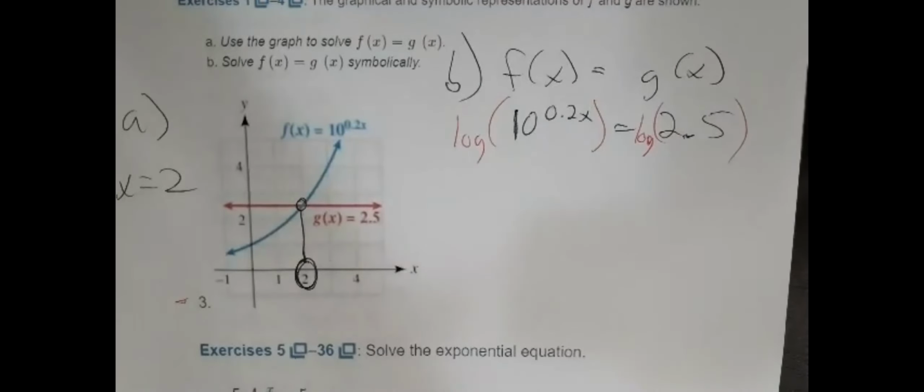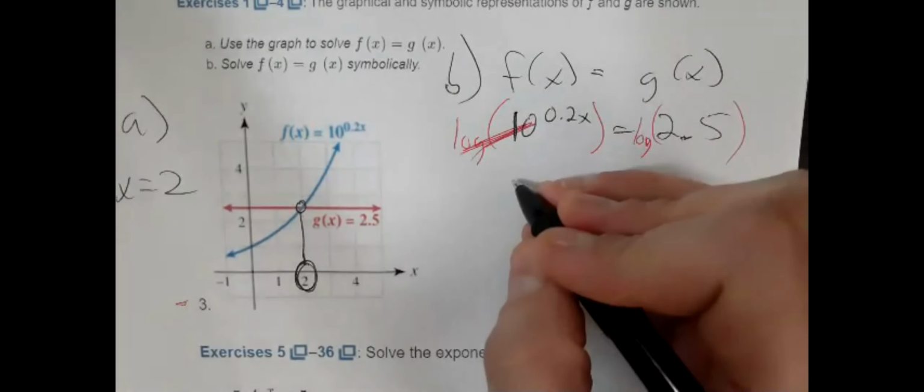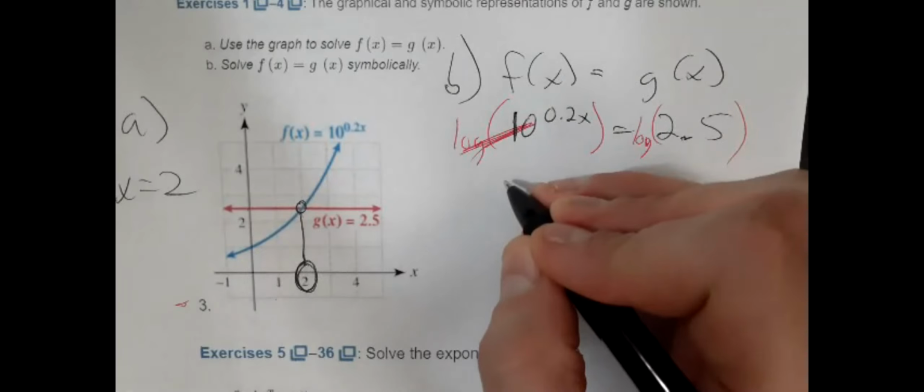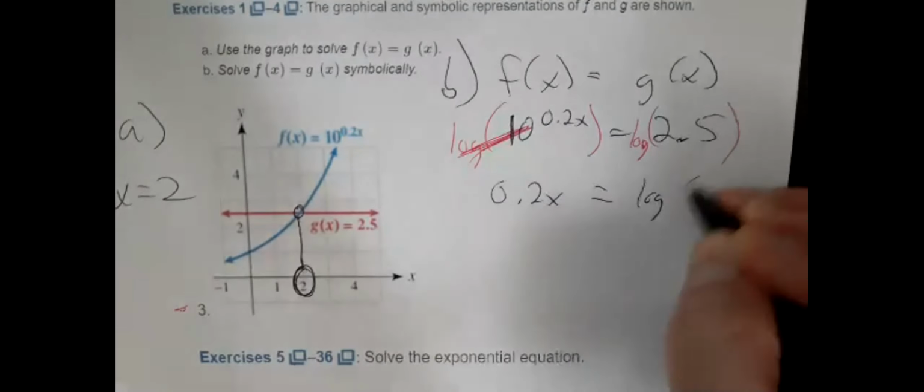And if I take a log of both sides, what do we notice about this side? The 10 cancels. These two things should simplify. And so what should this left side be equal to? 0.2x. Yeah, 0.2x. And this is equal to log of 2.5.